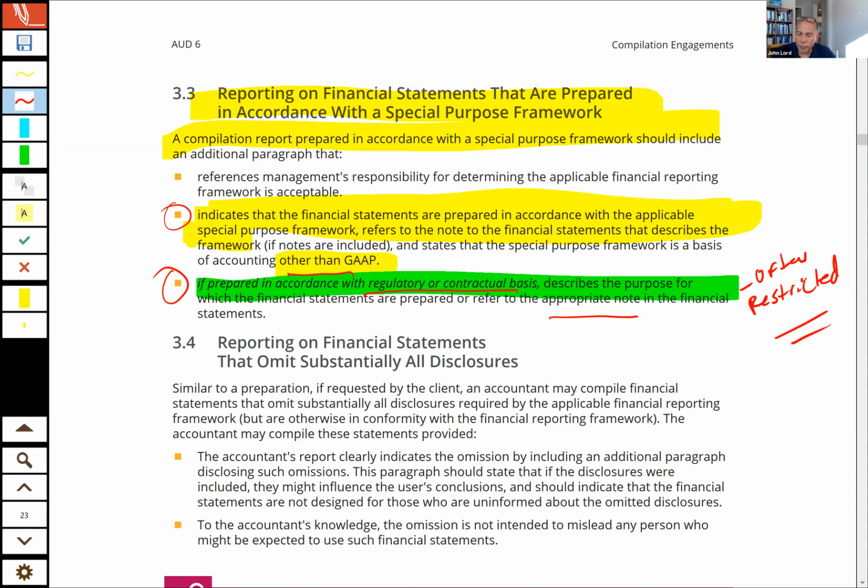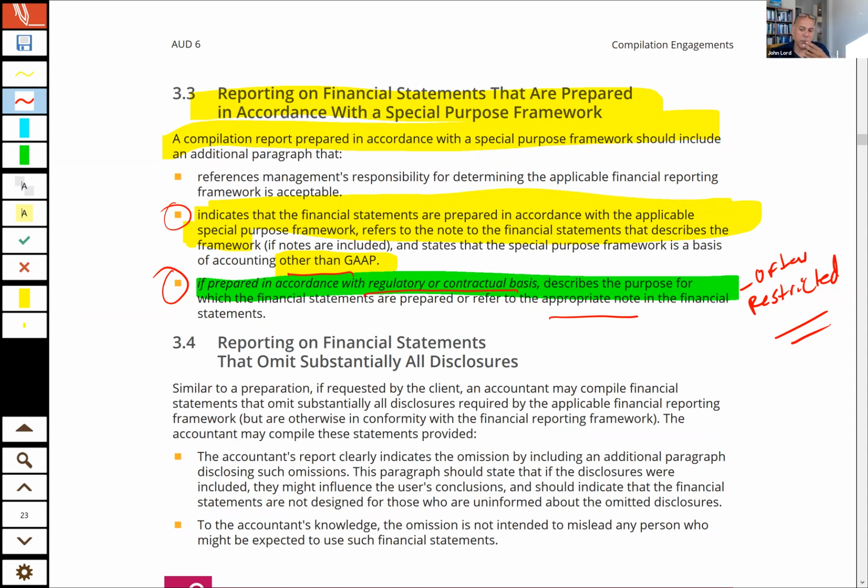Those statements are often restricted. When you have statements following a regulatory or contractual basis, remember we said those are restricted, unless they're prepared under a regulatory basis and the financial statements are available for general use, then that's obviously not restricted.